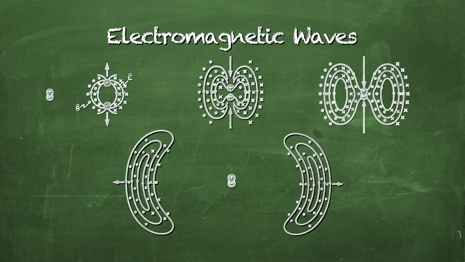In the third diagram from the left at the top, we have the two charges moving back together this time. And you can see the electric field lines coming back together. You can also see that now, since the positive charge is moving down and the negative charge is moving up, that's the same as a downward current.